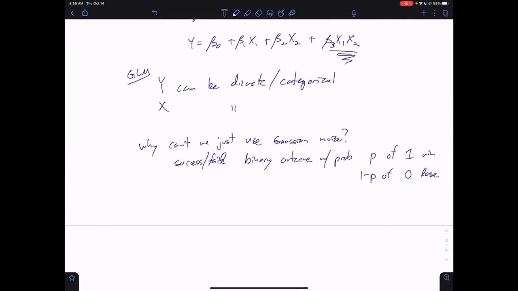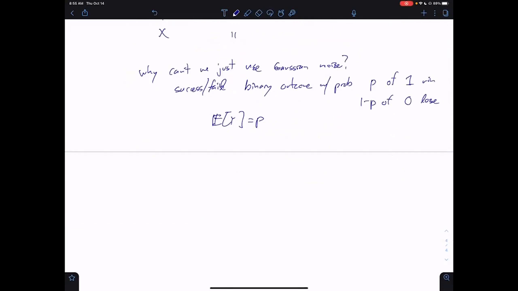And then the expectation of this random variable y is just P. So we can think about creating a linear function that predicts this P, but there are a couple of problems with that. One is that a linear function that predicts P can go below 0 or above 1, and so output nonsense.